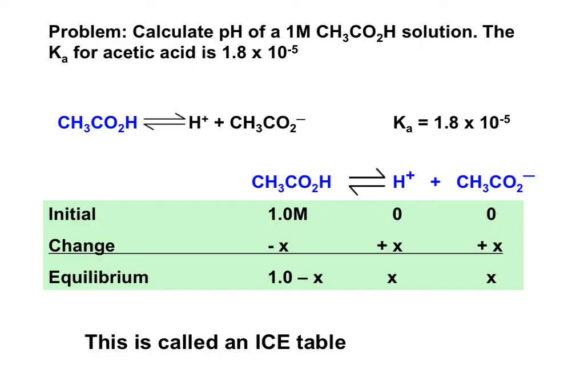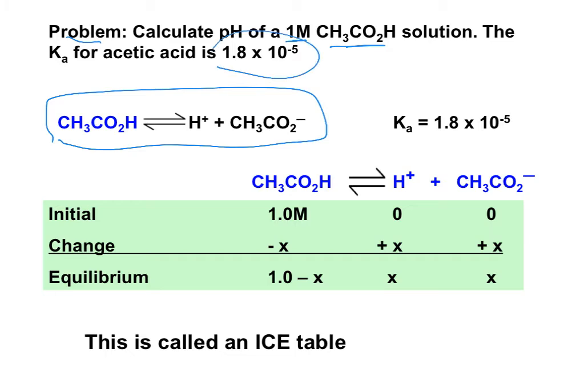So here's a pretty simple example of using an ICE table to figure out the pH of a weak acid. And here's a real typical problem. Calculate the pH of a 1 molar acetic acid solution, and the Ka for acetic acid is 1.8 times 10 to the minus 5.